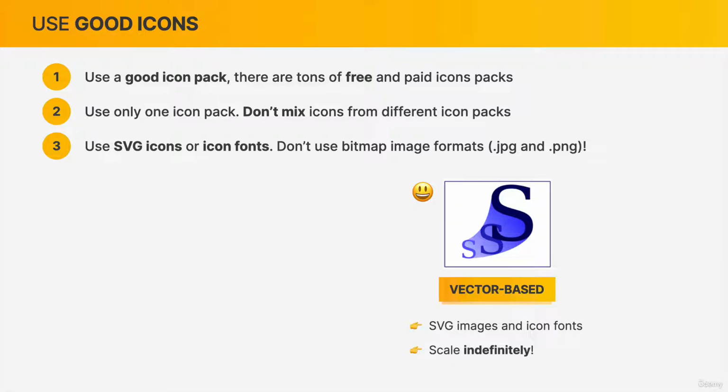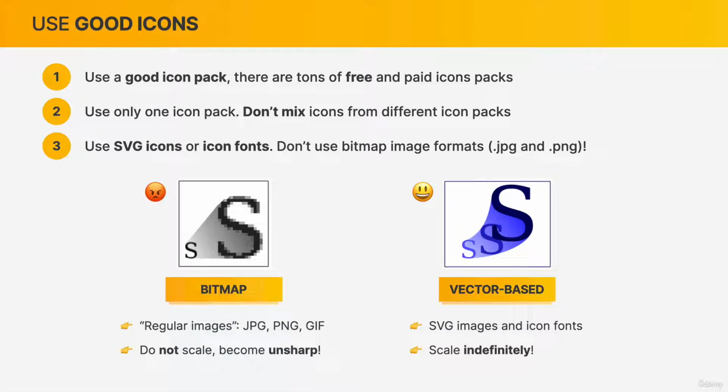On the other hand, we have more regular images like JPEGs or PNGs. And so we should never use these formats for icons because we cannot scale them. So they become unsharp as we make them bigger. And this is mainly a problem on high definition screens where there is a scale factor of 2x. Just like we talked about in the previous lecture on images.